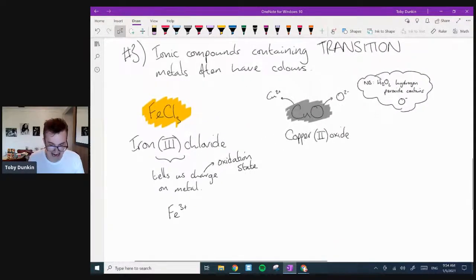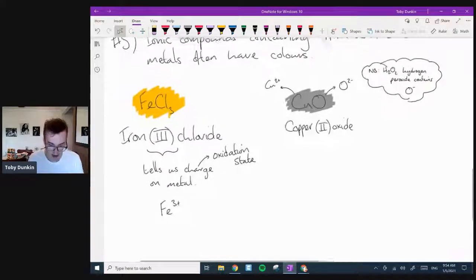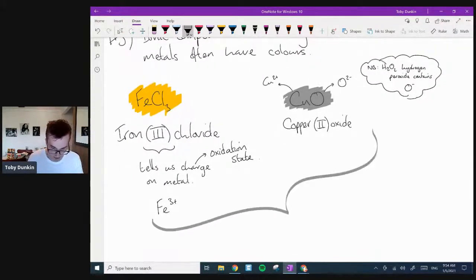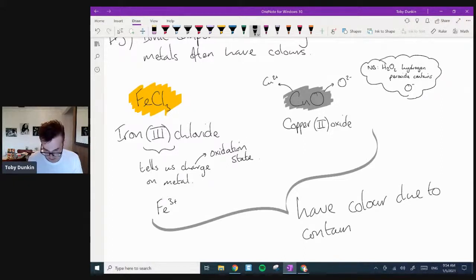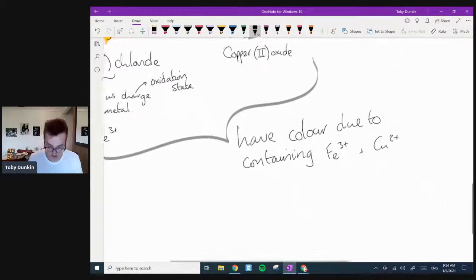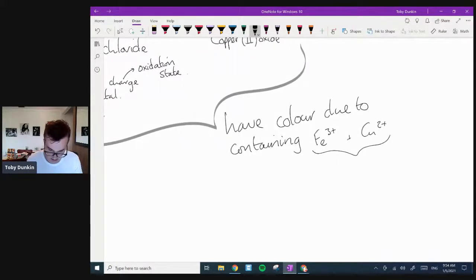But we can now predict when they're going to have colors, based on the metal in it. These two are both colored due to containing Fe3+ and Cu2+ transition metal ions, TM ions.